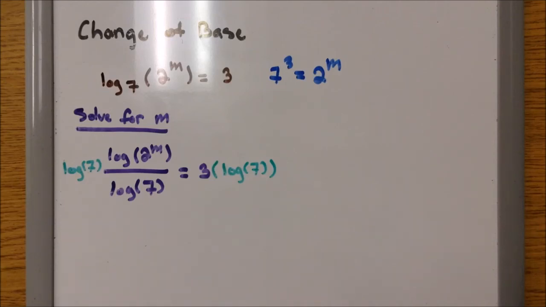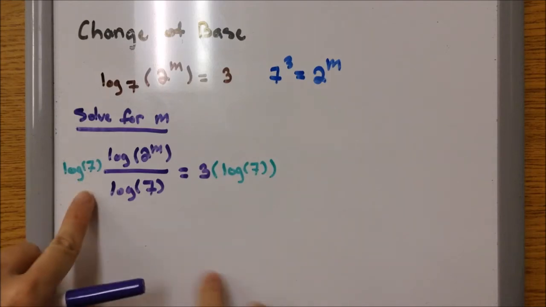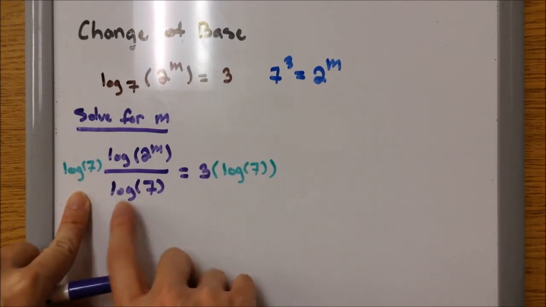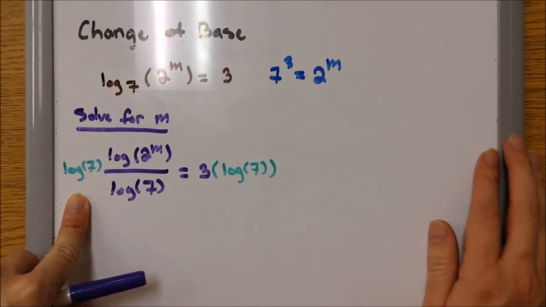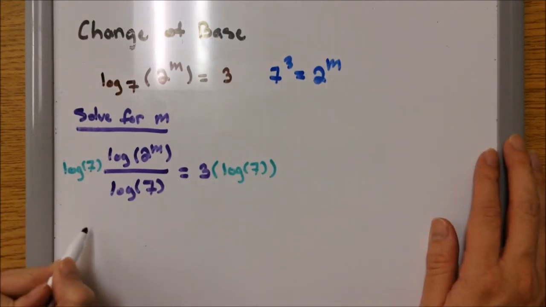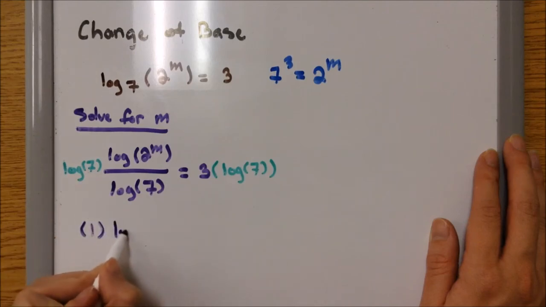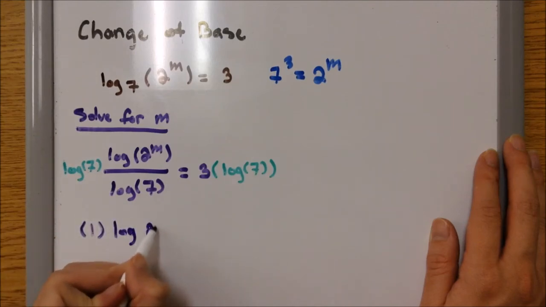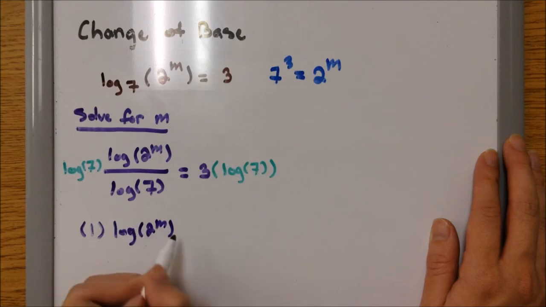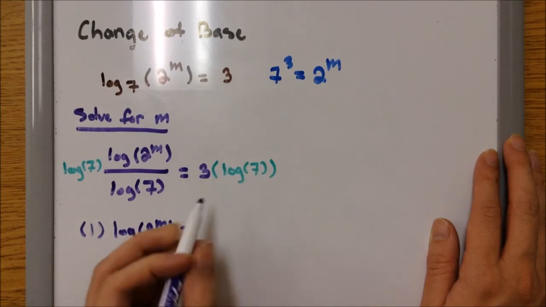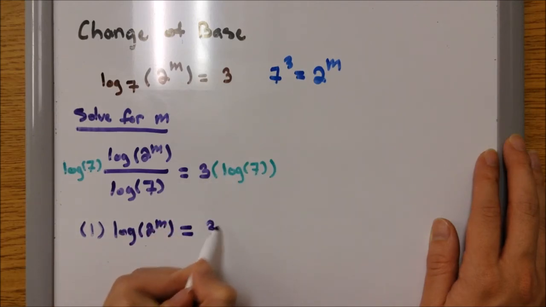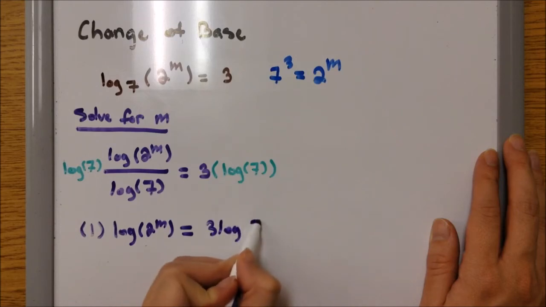Alright, I'm going to show you what it looks like. So this log 7 divided by log 7 will simply be 1 times the numerator, which is log of 2 to the m, equals, and I'm multiplying this, so it's going to be 3 log of 7.